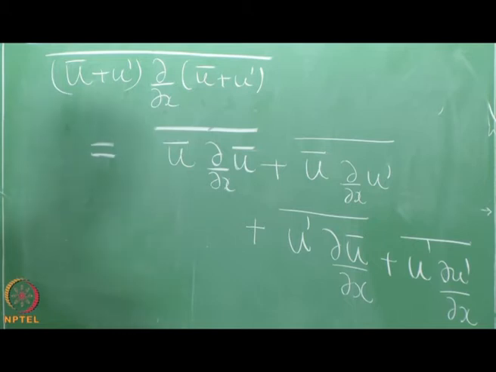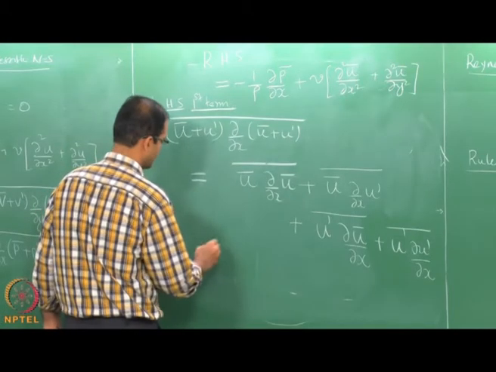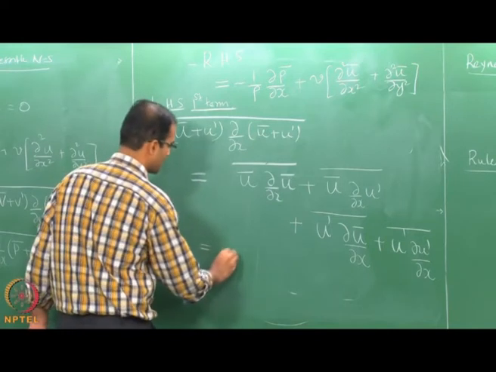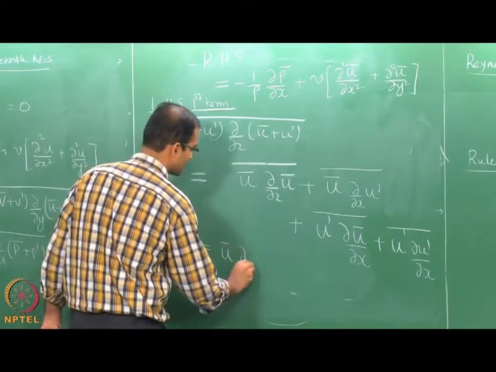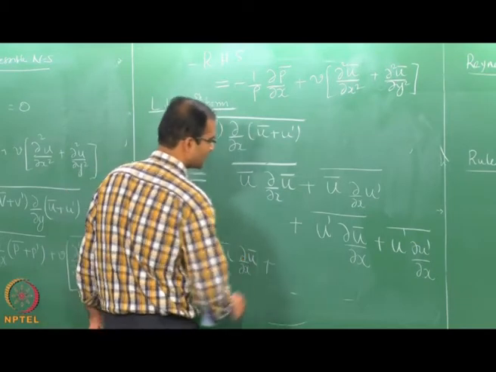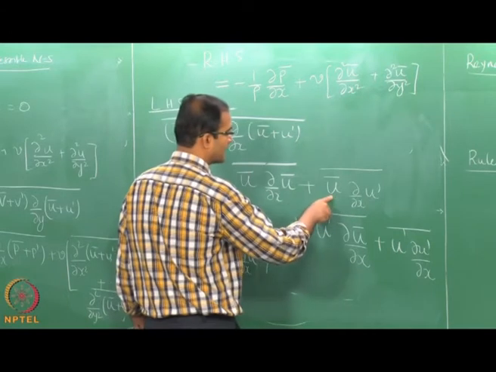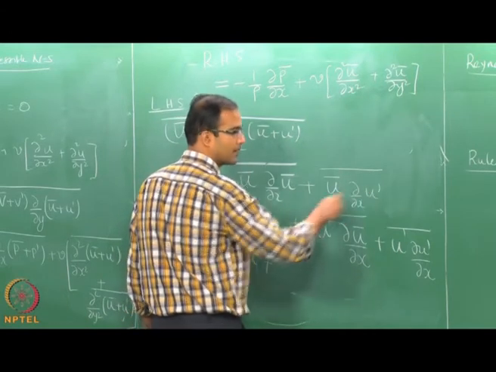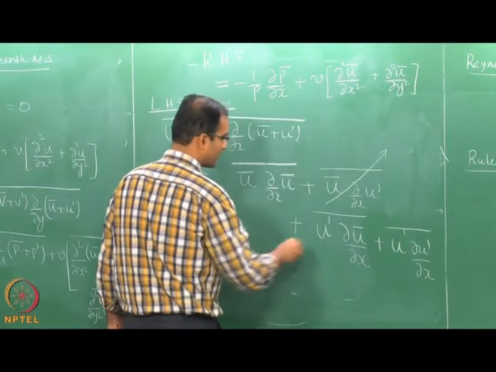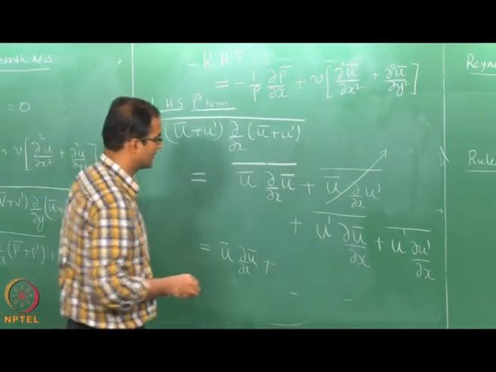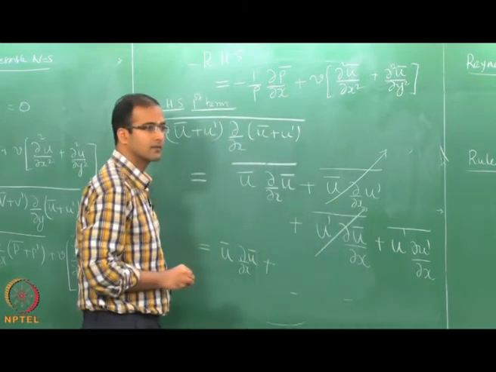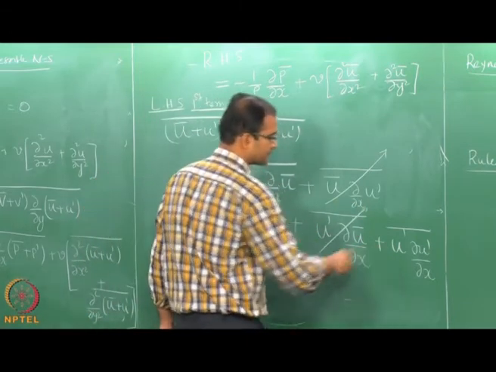Now we can apply the averaging rule. What will it be for this case? u bar d by dx u bar, which is fine, plus this will be 0. So, you have u bar d by dx of u prime bar, which will be 0. Now we have the last term.